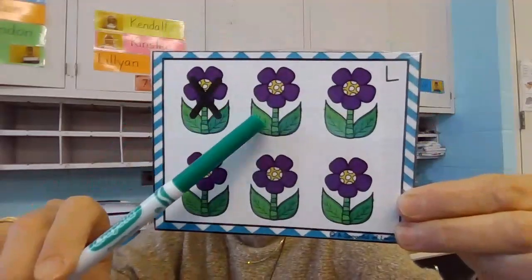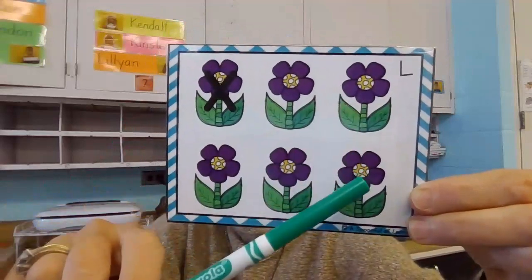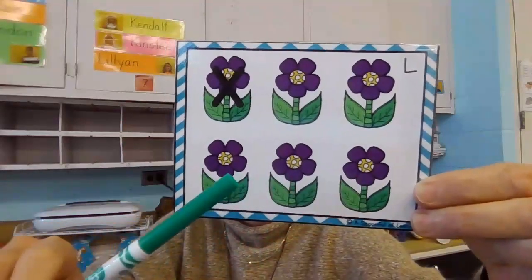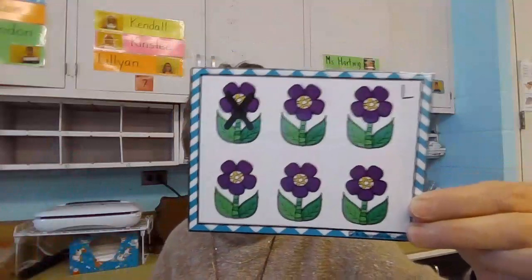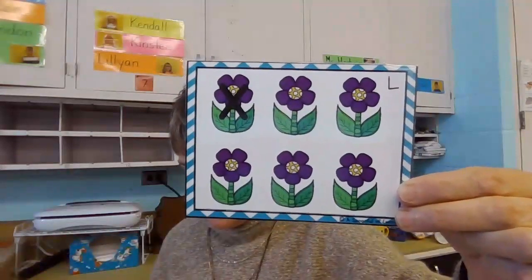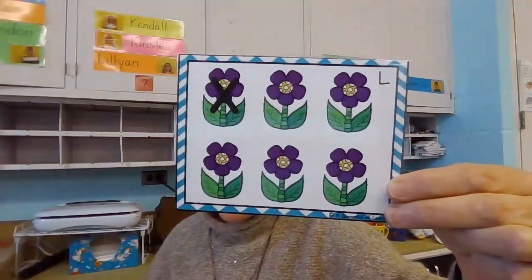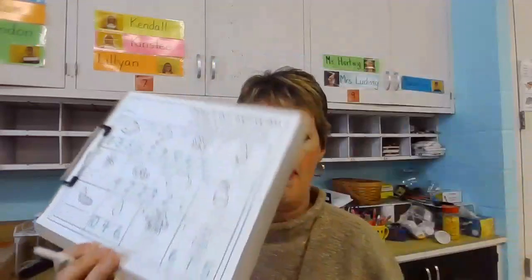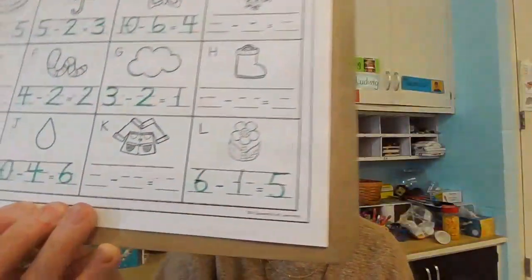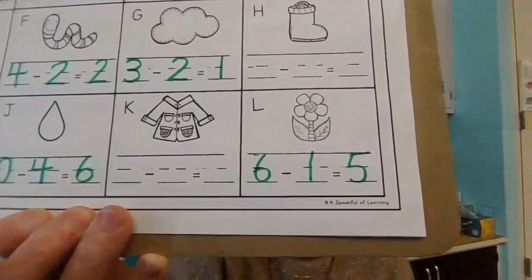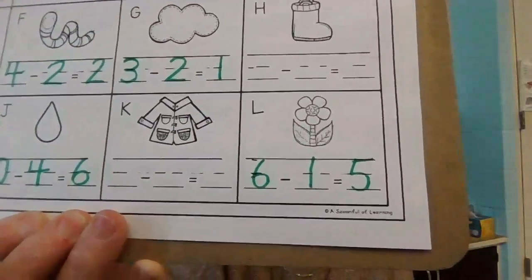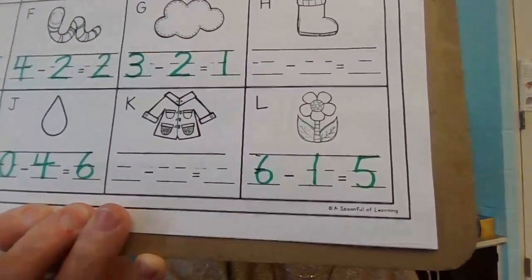Equals 1, 2, 3, 4, 5. 5 is what is left without X's. There it is. 6 take away 1 equals 5.